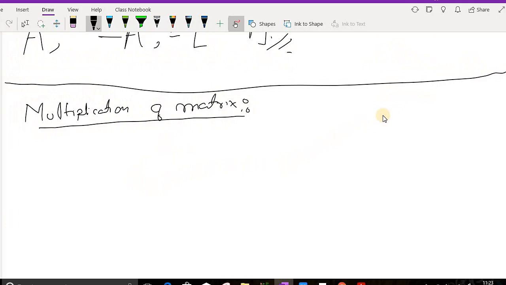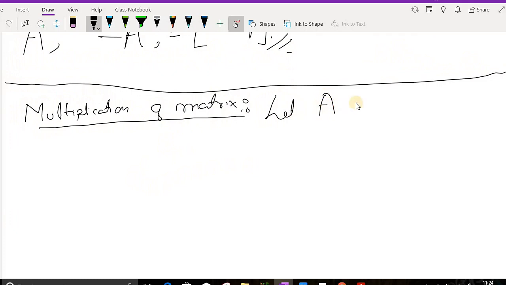We can add two matrices only if their orders are the same. Multiplication is not like that. For multiplication we have different conditions. We don't do element wise multiplication. Multiplication of matrices is a different concept.